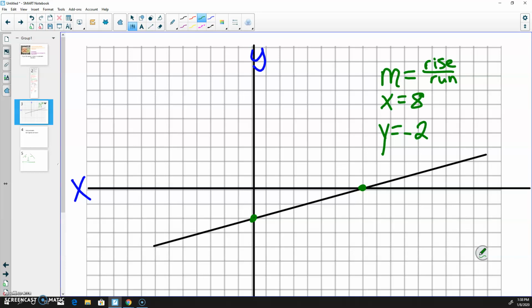It crosses perfectly there. It also crosses perfectly there, right? So I can go from this point to this point or this point to this point. It doesn't matter. As long as it crosses perfectly on the graph, I rise up how many? 1. And I go over 1, 2, 3, 4. So your slope was 1 over 4. Make sense? So you found your m, your x, and your y.